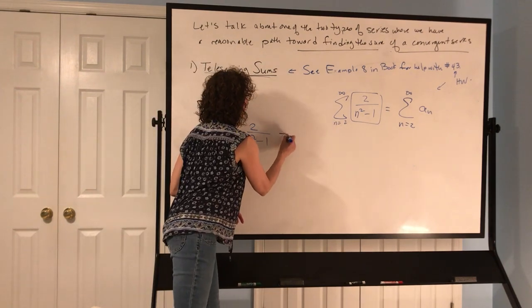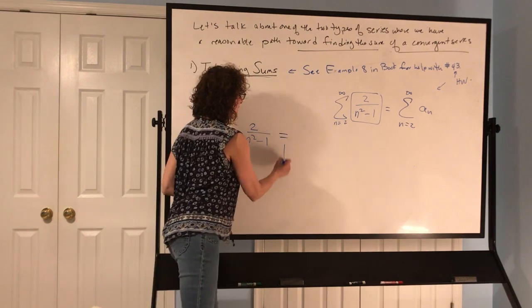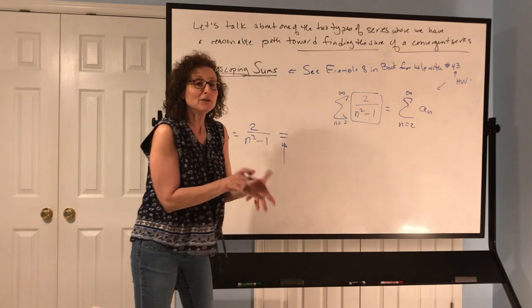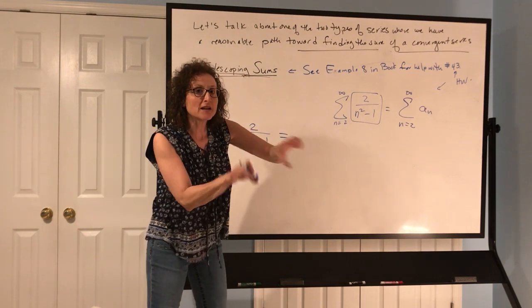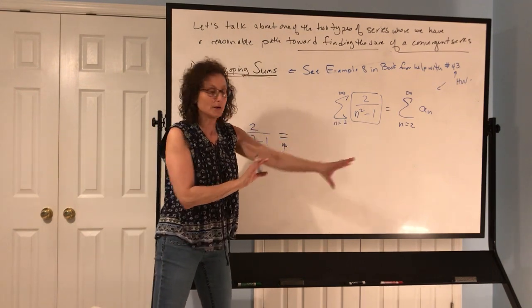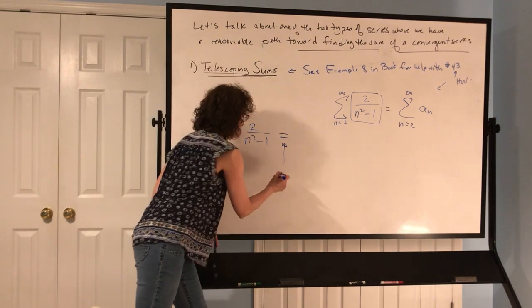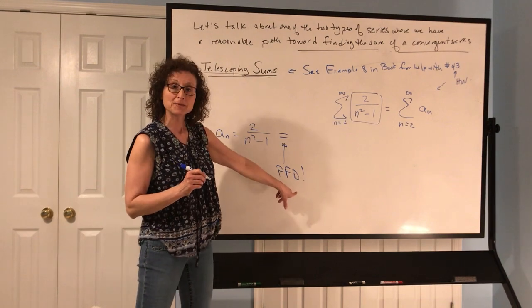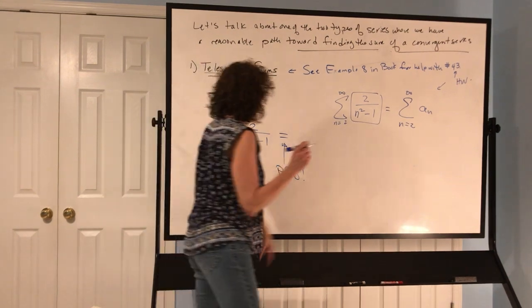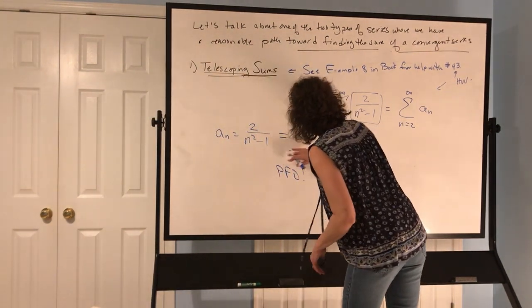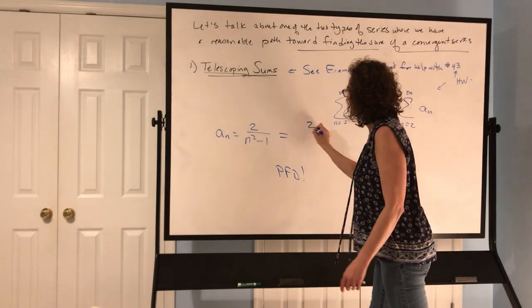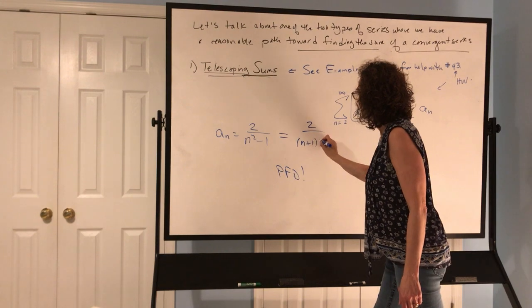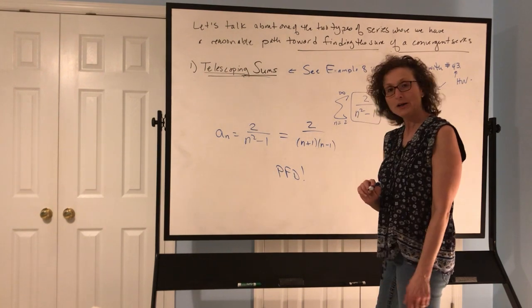What do we want to compute in order to turn this a sub n into something that might have the chance of telescoping sums? Partial fraction decomposition, right? And in order to get a partial fraction decomposition, we first have to factor the denominator: n plus 1 times n minus 1, right?